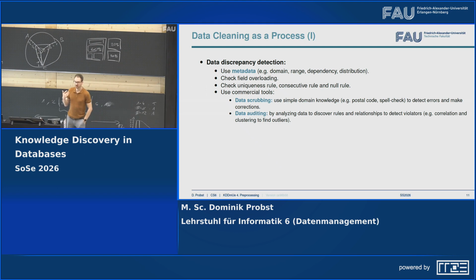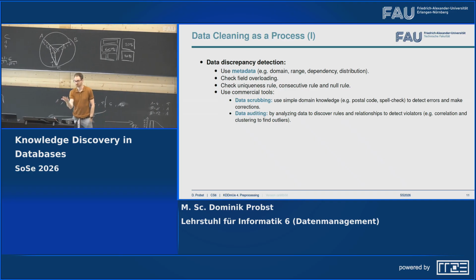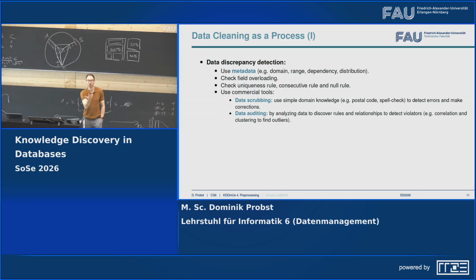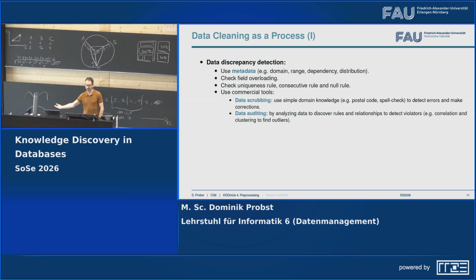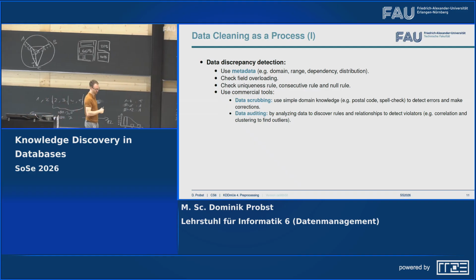We can check for certain rules in our data. We can have rule-based problem detection. And if we detect an error, or not an error, but a problem with the data quality, we can use specific sets or take a look at those problems manually.